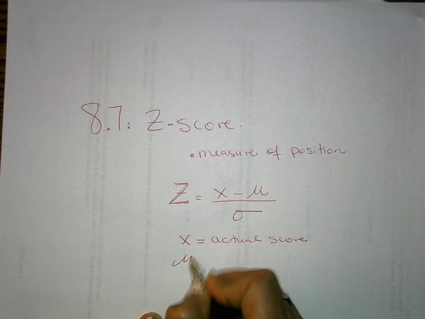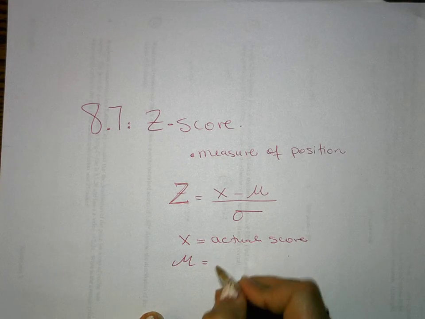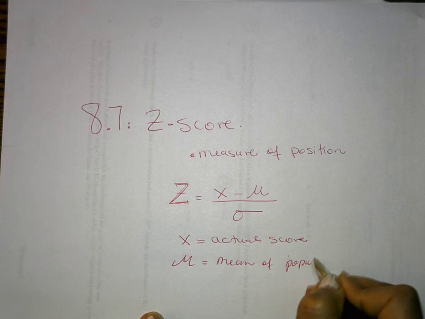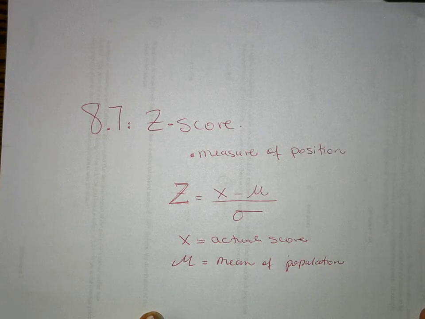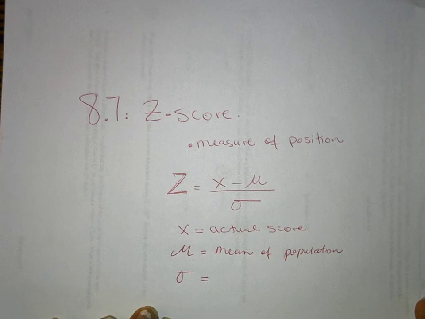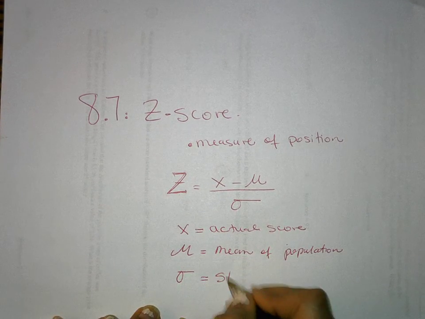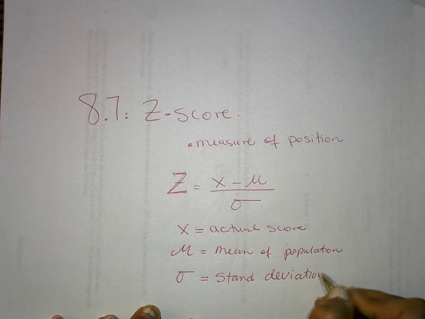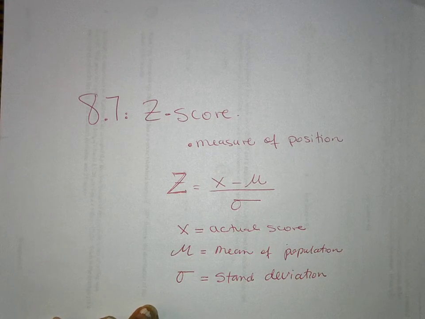The variable mu is a Greek letter, and that represents the mean of the population. And the Greek letter sigma is the standard deviation. So that's what those three symbols mean.